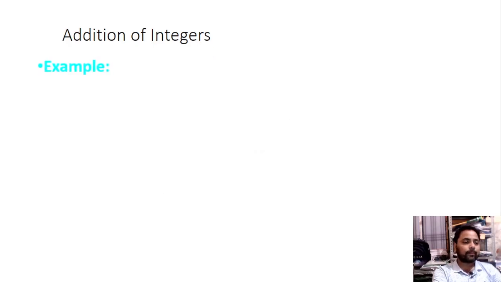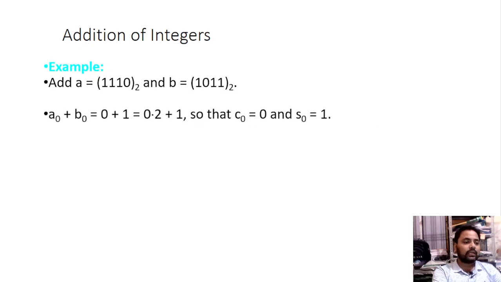For example, if a is equal to 1110 to the base 2 and b is equal to 1011 to the base 2, here a_0 plus b_0 is equal to 0 plus 1. Here we are using the rightmost bits: 0 is the rightmost bit of a and 1 is the rightmost bit of b.